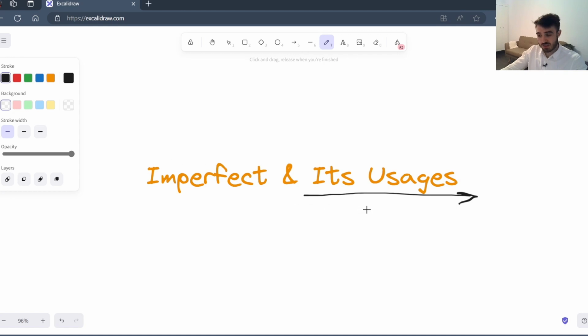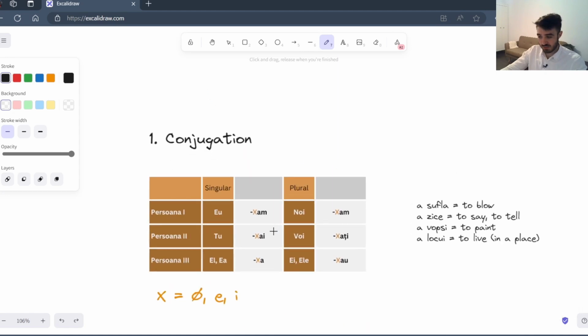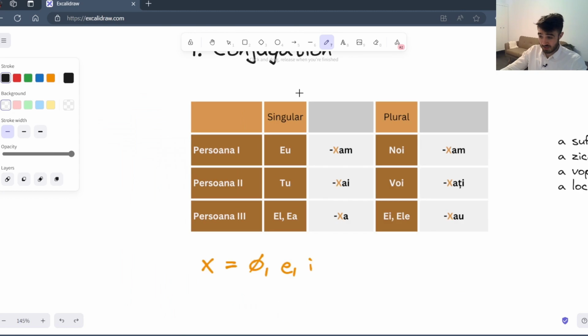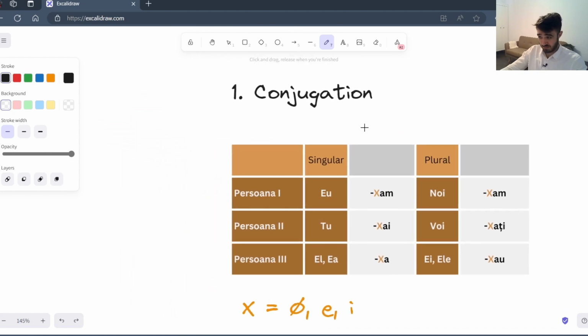We'll get into that in a second, but there are other usages in Romanian that might not seem straightforward, and we will cover them all in this video because they are very common for a native speaker to use, and I think you should keep an eye on them and try to spot whenever there is an imperfect, and probably try to use it yourself in everyday speaking.